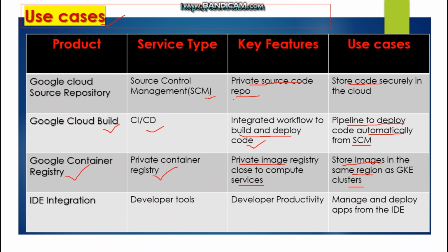Now the IDE integration, basically it's a developer tool. This is the plugin that you have to use in order to increase developer productivity by managing and deploying apps just from the IDE, that is IntelliJ or Eclipse or Visual Studio. So that completes the section on DevOps services.